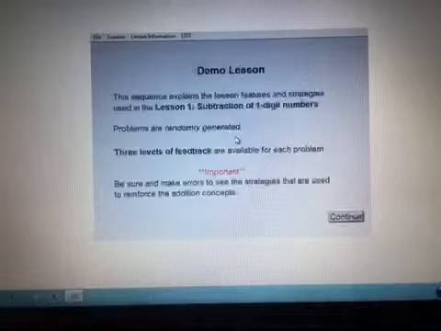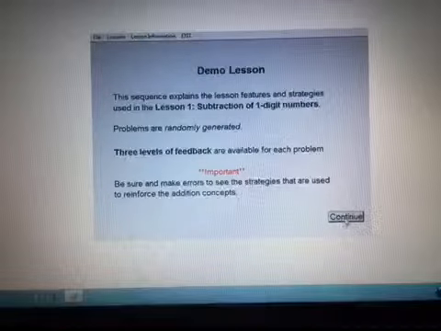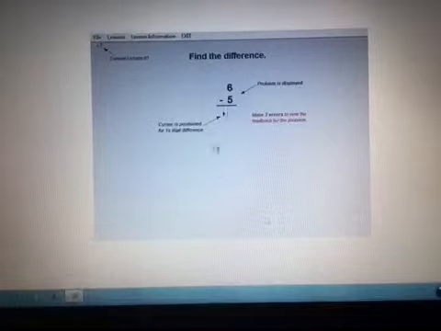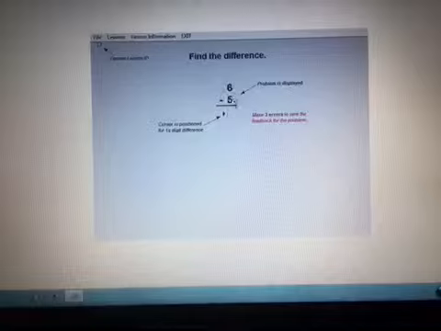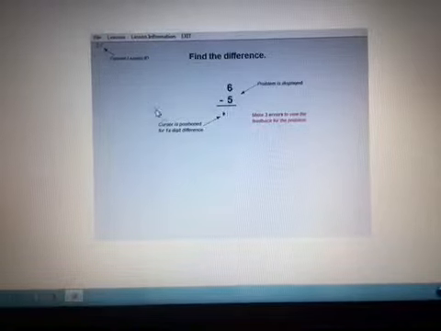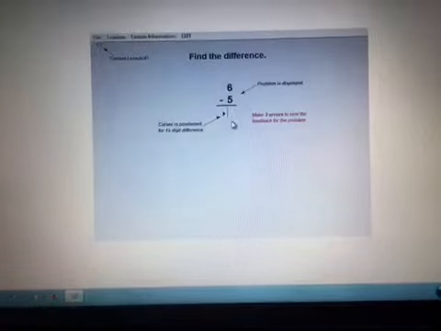Now, let's take a look at the demo lesson, which will show you what is involved. This is the 1-digit minuend and subtrahend current lesson, and the cursor is waiting for the student's response.